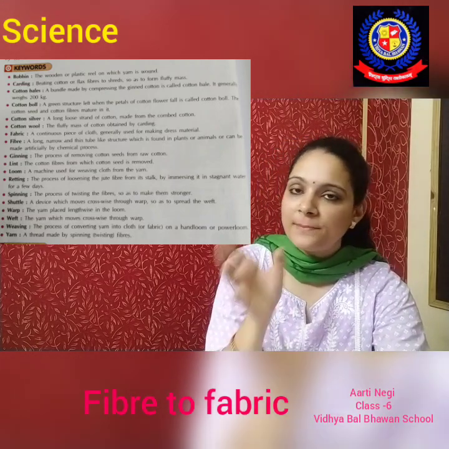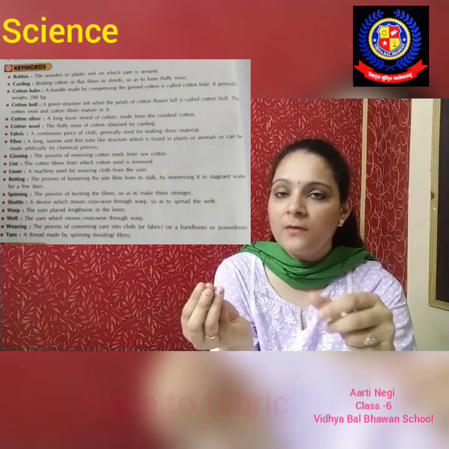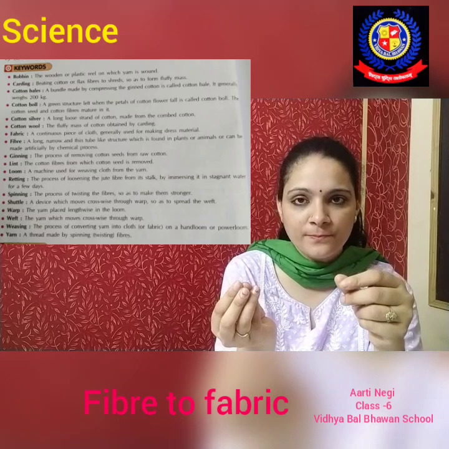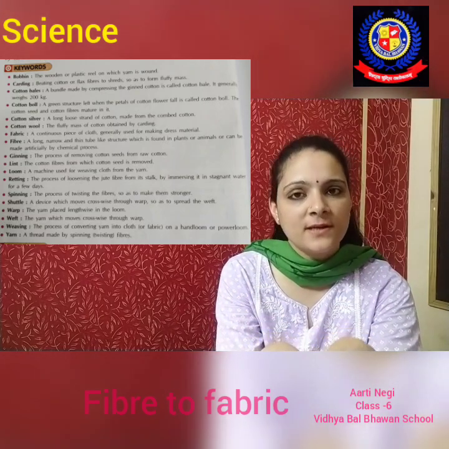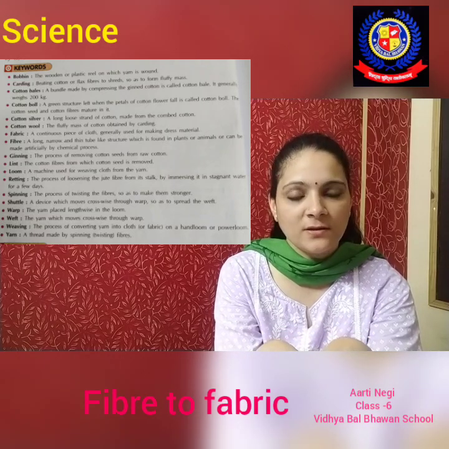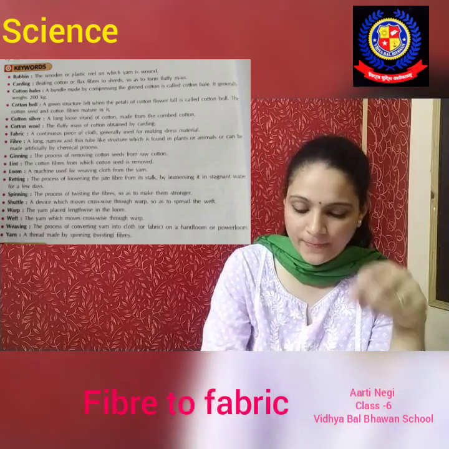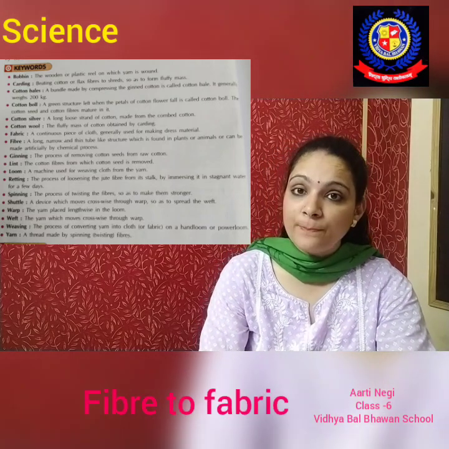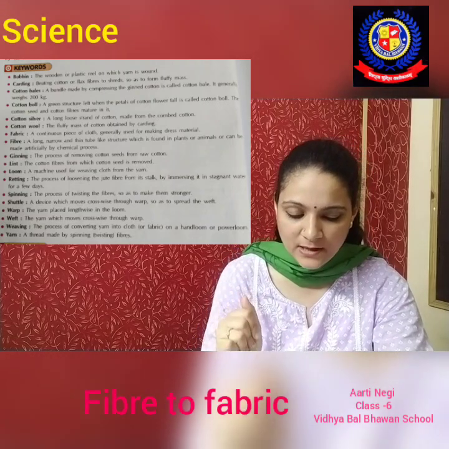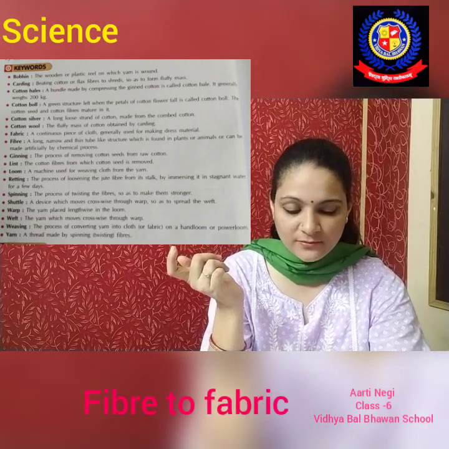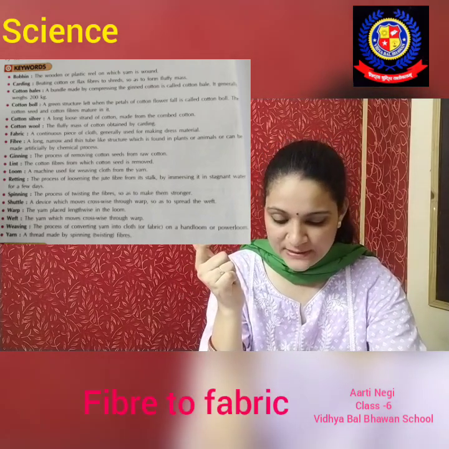This complete process, taking jute fiber from the jute plant's stem by keeping it submerged in stagnant water for some time, is called retting of jute. Next one is spinning, the process of twisting the fibers to make strong thread, or to make them stronger. This is called spinning.